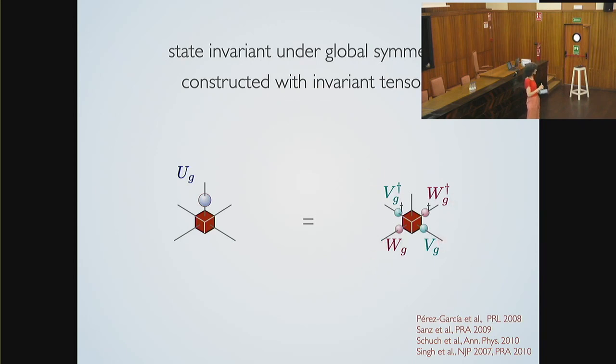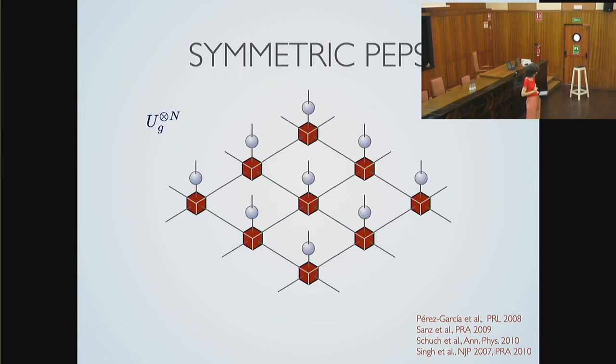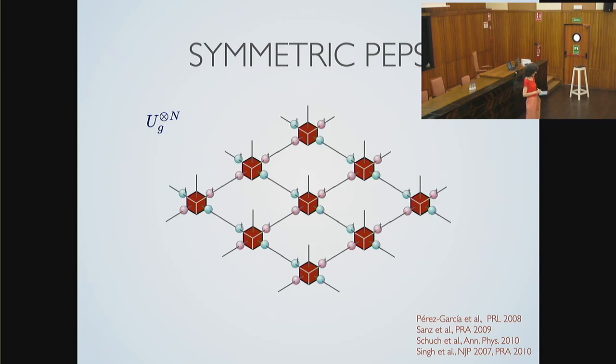If this is the property for all the tensors, and you do it in the translational invariant setting, of course you go back here, you apply this property, and what you see is that its transformation cancels with the adjoint. They all vanish, so your state is automatically invariant. So this is one example of what I was saying before. You have these small local pieces, you impose properties on them, then you have states which have a global property.